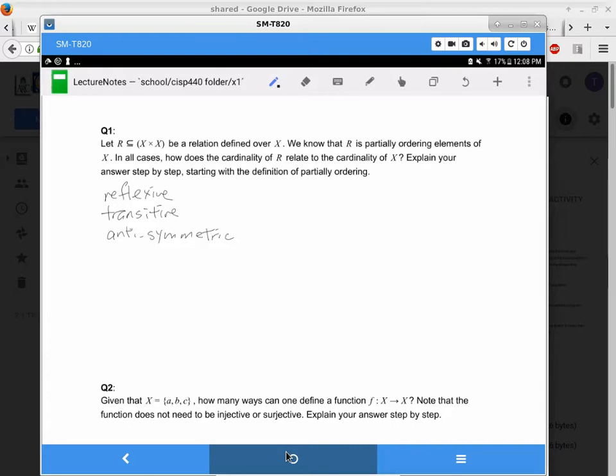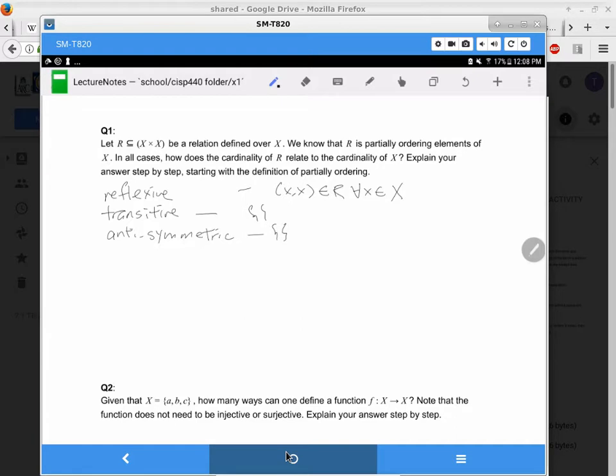So an empty relation will work for these 2, but for reflexive to work, we have to relate every element in X to itself. So for reflexive, we need (x,x) to be in R for all x in uppercase X. Is that making sense?